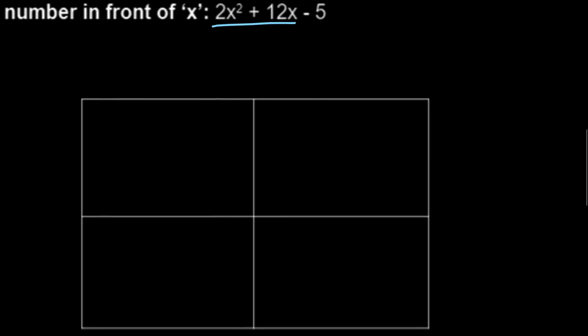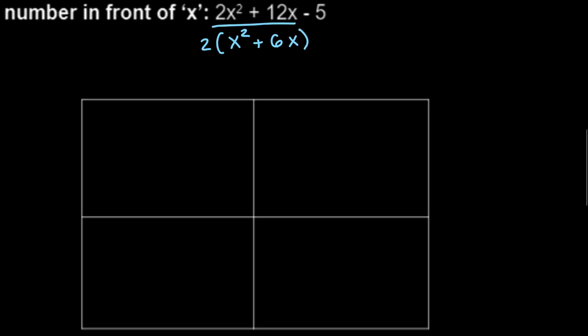So here, I'm going to pull a 2 out of x squared, and what am I left with? Yep. And pull a 2 out of 12, and I'm left with... division, right? So 12 divided by 2 is? You're dividing, right?